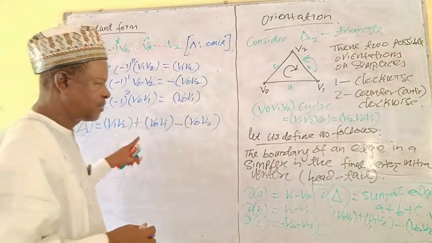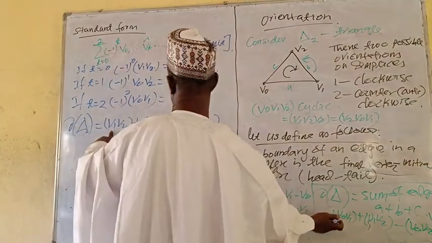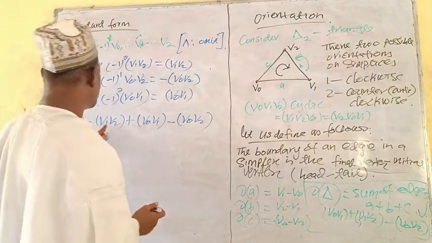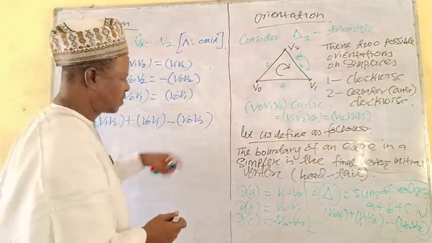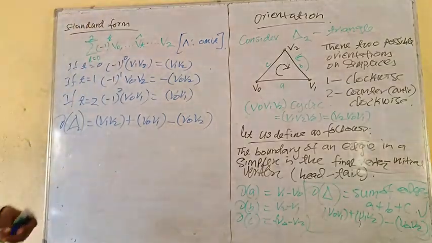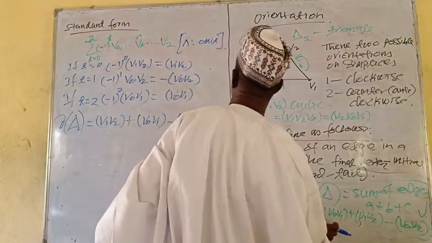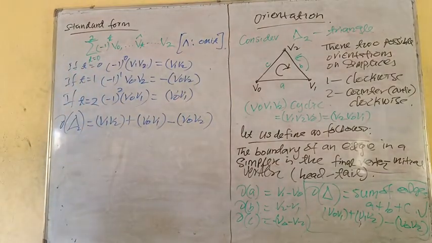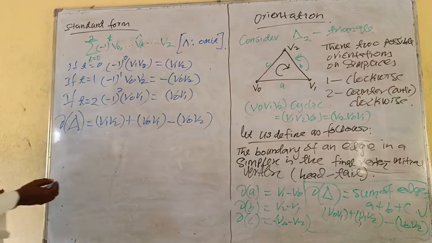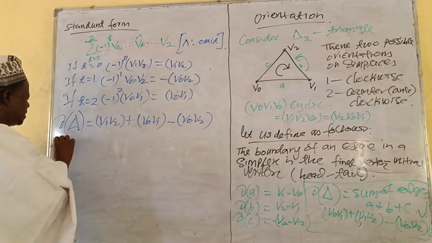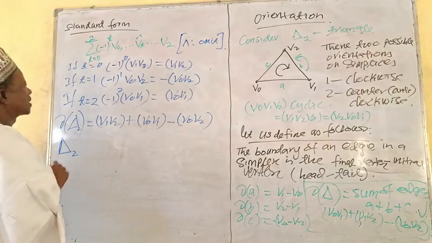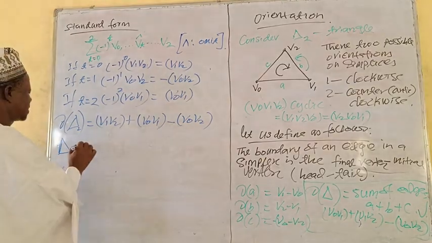And I think this is the same as here: B0, B1, I have it here. B1, B2, I have it here, minus. So you can generate this from this formula. Okay. This is for the triangle. You can also try the same with the 2-simplex, delta 2, because that's the tetrahedron.